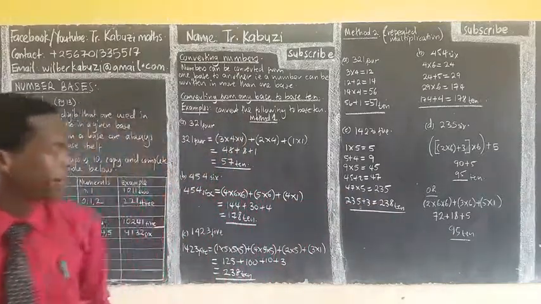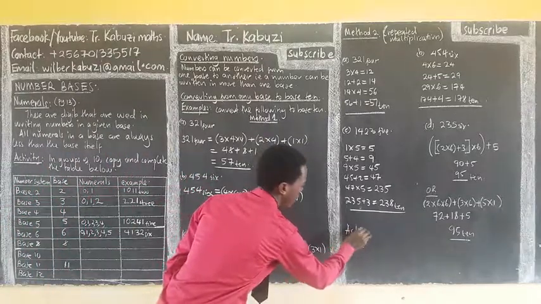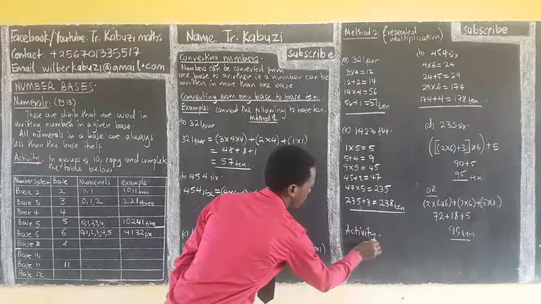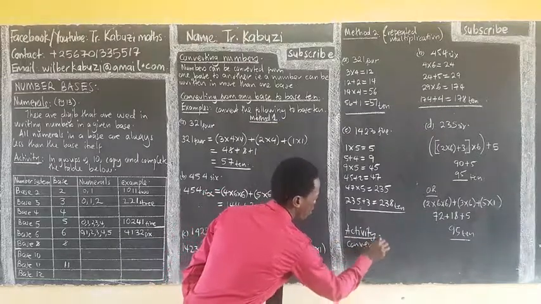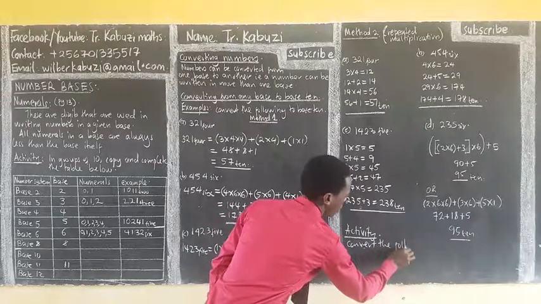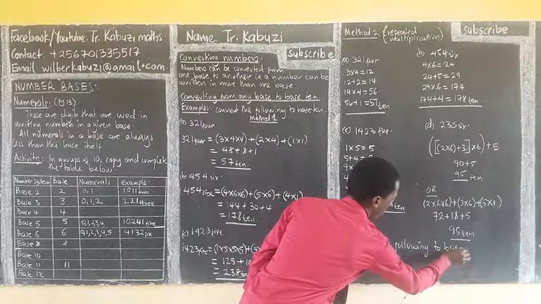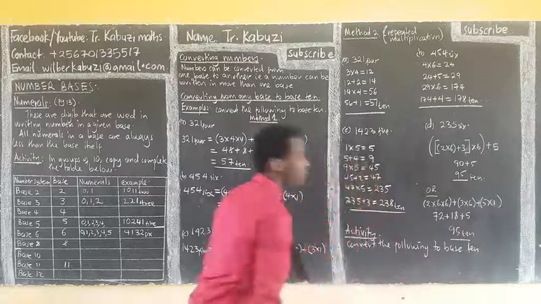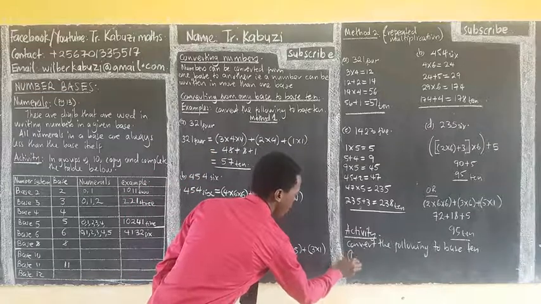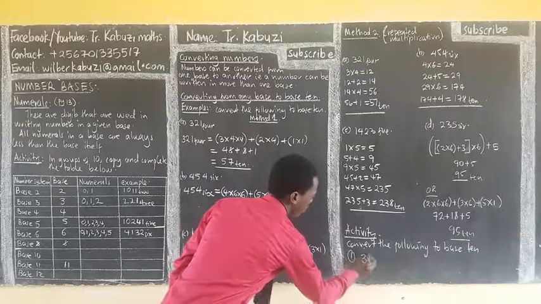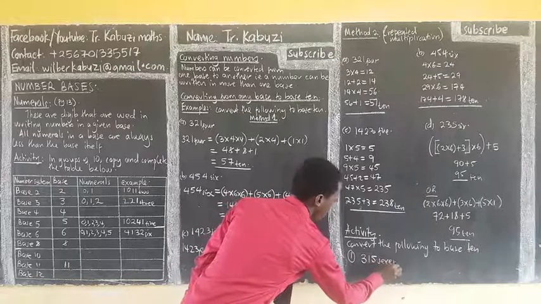Let me give the examples here. Activity: convert the following to base 10 using the two methods. My number 1, I'm giving you 3, 1, 5, 7.